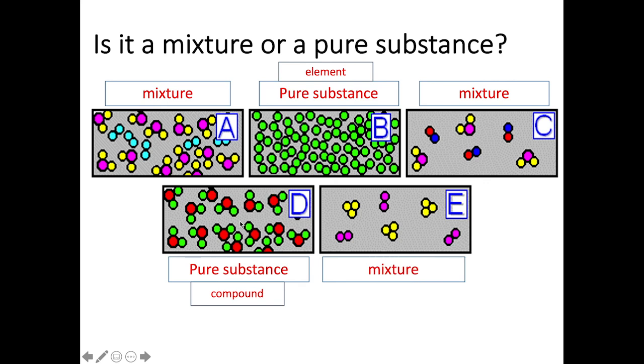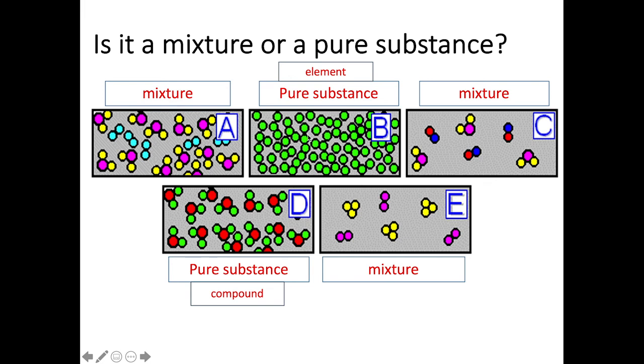So the trick here is, if you've got the same thing, this is what you're looking for first. You're looking for the same thing. If you have the same thing, it's either going to be an element or a compound. If you've got different types of things, so blue, yellow, pink, that's going to be a mixture. So I've got two different types of things going on here. Always, always, always a mixture.